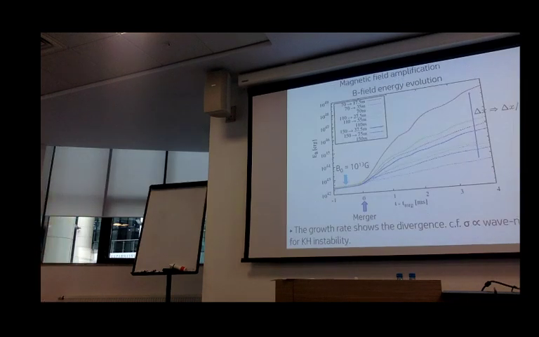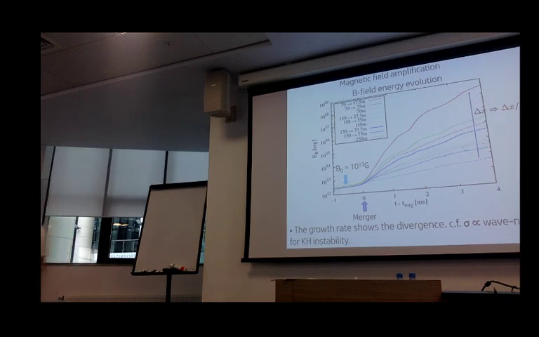And I did a large-scale simulation, and here is the magnetic field energy as a function of time. Here is the merger, and different colors mean different grid resolutions. Here is the lowest resolution case, and here is the highest resolution case. The factor between resolutions is about 10.